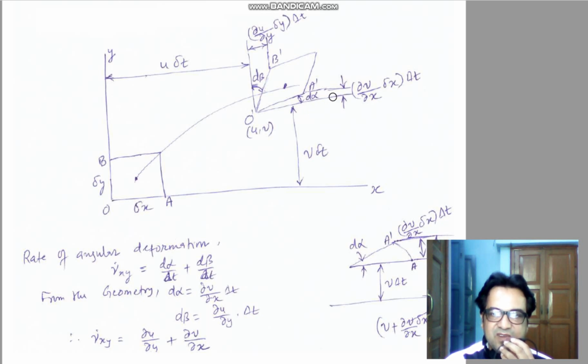Now from this horizontal location to the final location A dash, what is this small deformation? Angular deformation is d alpha, but what is this linear deformation? I have taken only the case of A to A dash. So from the x axis the vertical distance is v delta t.